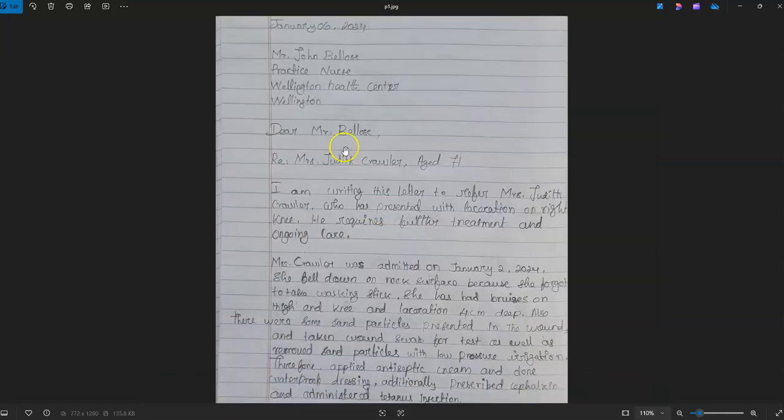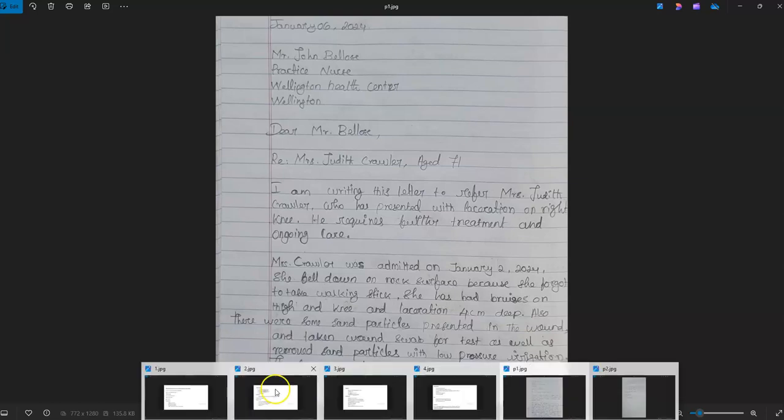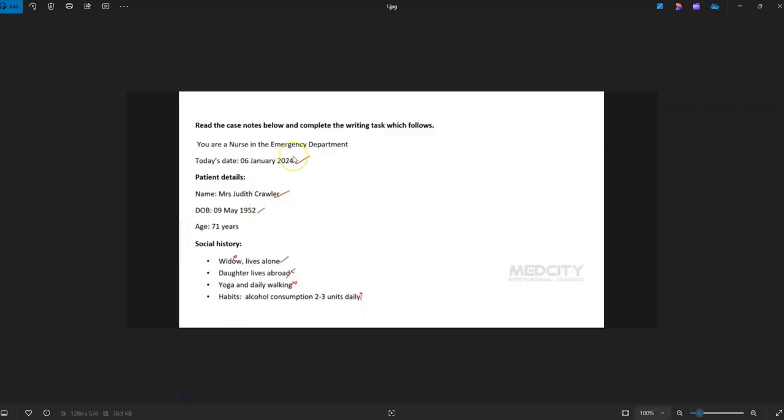So, to refer Mrs Judith Crawley, who has presented. Well, okay, but again, these notes are not from OET. Usually it's presented if they come to see you in your clinic, say, they present, oh, doctor, I've got such a pain, blah, blah, blah, right? But here it seems that she was admitted, because it says you're a nurse in the emergency department.